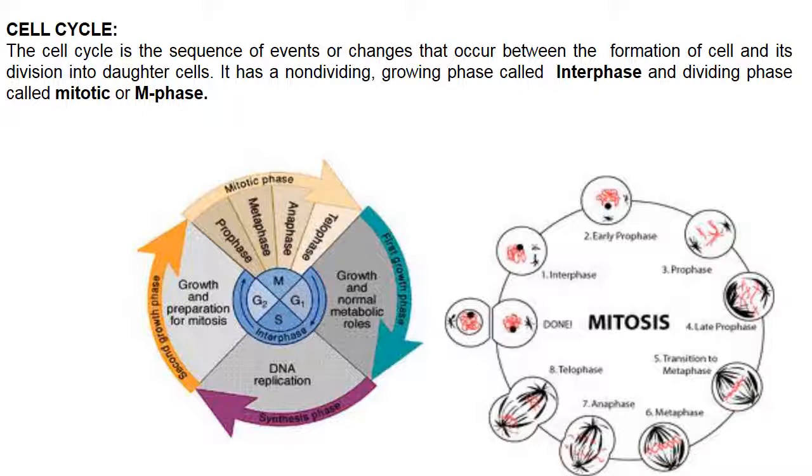Here you can clearly see that 75% of the area is contributed to interphase and only 25% to M phase. That means the majority of the functions are completed by a cell in interphase rather than M phase. But M phase is very essential. How is it? We'll see here.